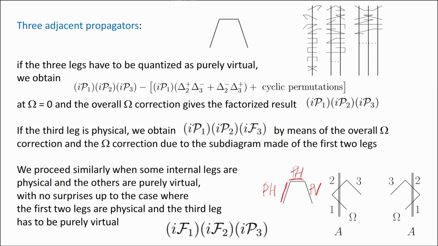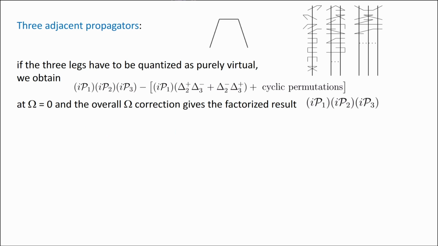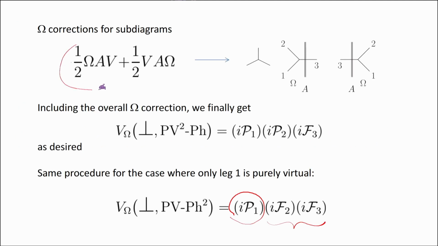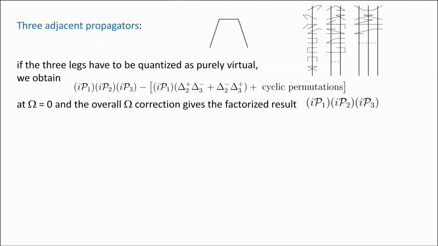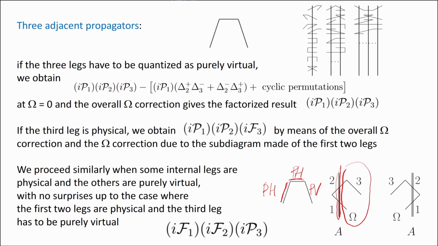What is the surprise here? The surprise is that if you cut the two physical particles, you remain with a subdiagram here that is disconnected, yet you do need an omega for disconnected diagrams, which we will calculate in a moment. Once you do that, again, the corrections from these two terms, subdiagrams, and the overall correction lead you to the expected result.